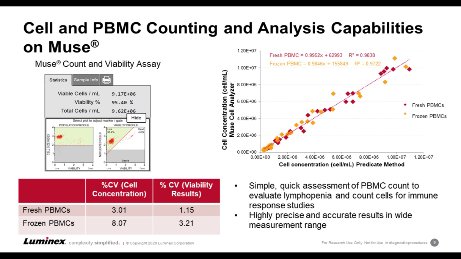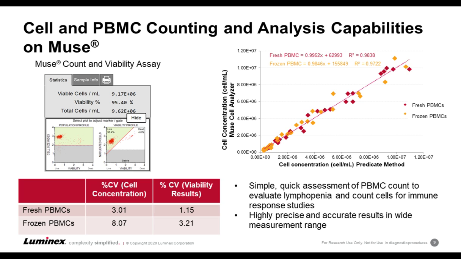In the slide, we show examples of applications of the assays to the study of PBMCs. As shown on the right plot, we can really obtain a very good wide measurement range with a nice linear response with either fresh or frozen PBMC samples. The assay provides for very good precision, and a low percent CV is achievable for both count and viability results as shown on the table on your left.